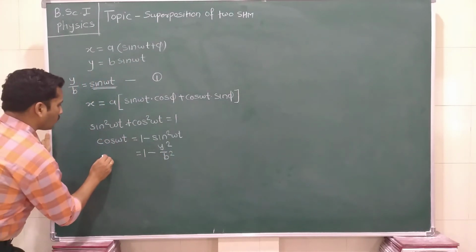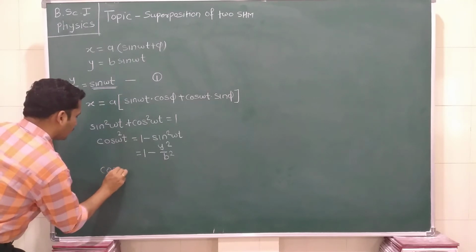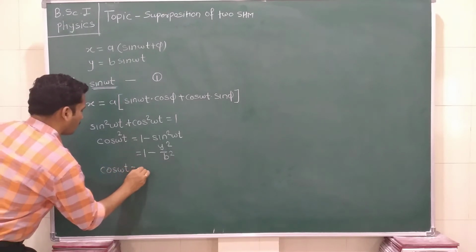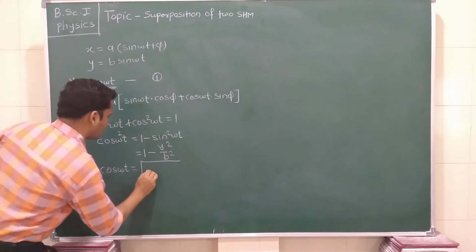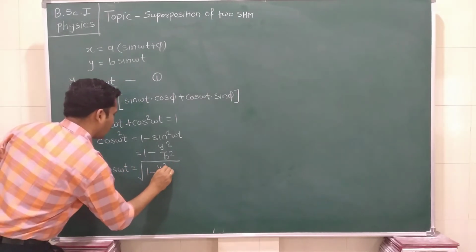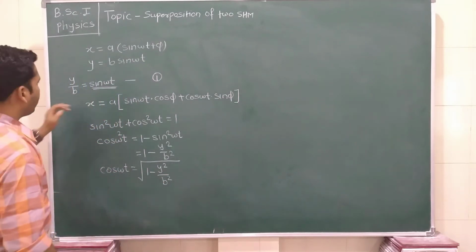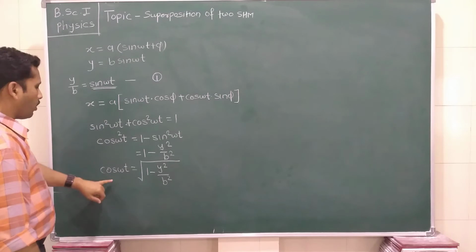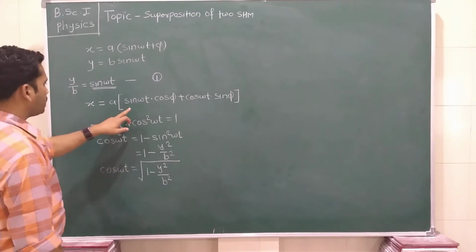So this is cos square omega t. Now what is cos omega t? Therefore cos omega t is equal to under root 1 minus y square divided by b square. So I get the values of sin omega t and cos omega t, and I put these values in this equation.